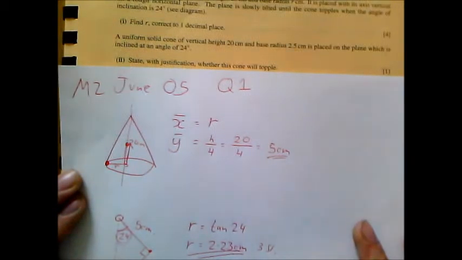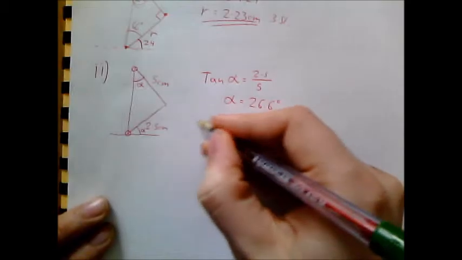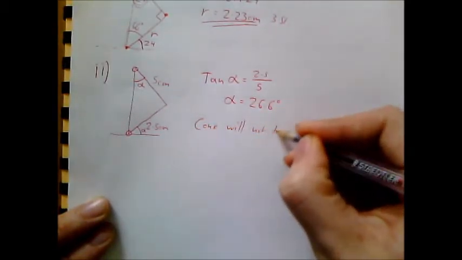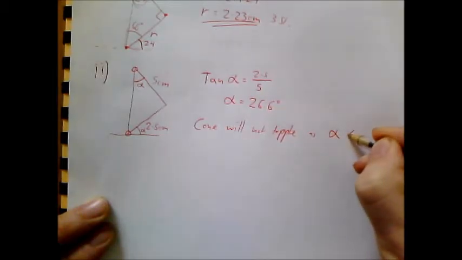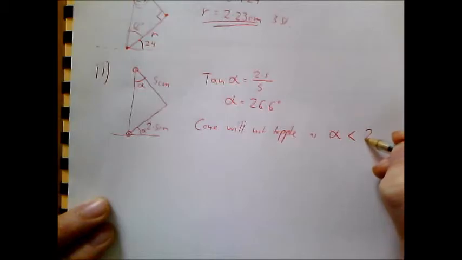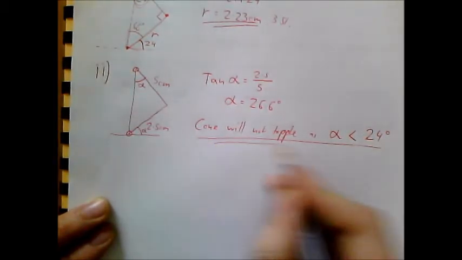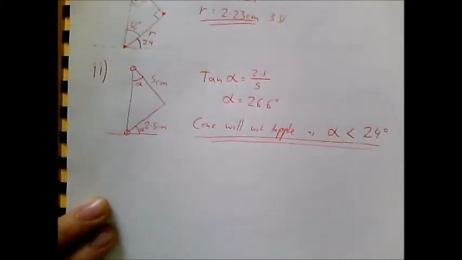And clearly this is larger than 24, so our cone will not topple, as 24 degrees is less than 26.6 degrees. This guarantees our mark because we've been very mathematical about that.